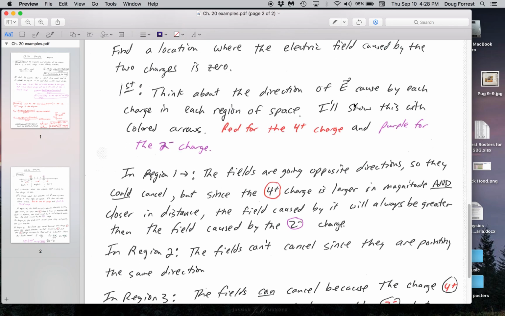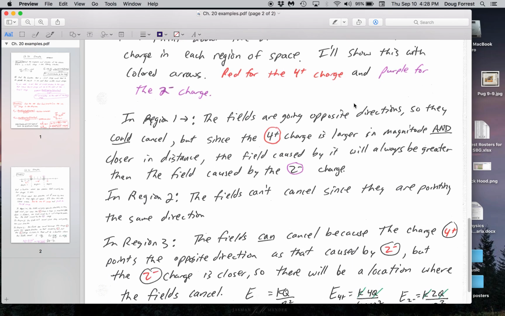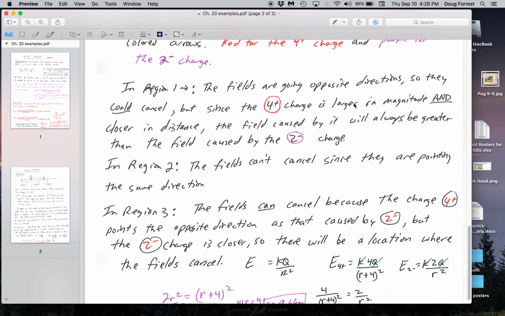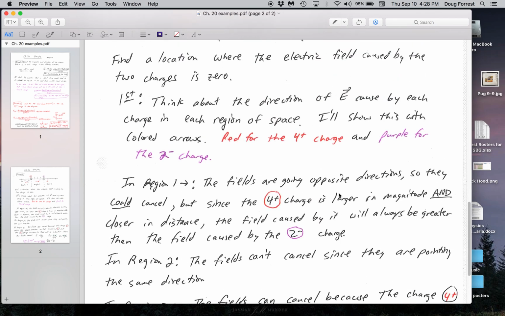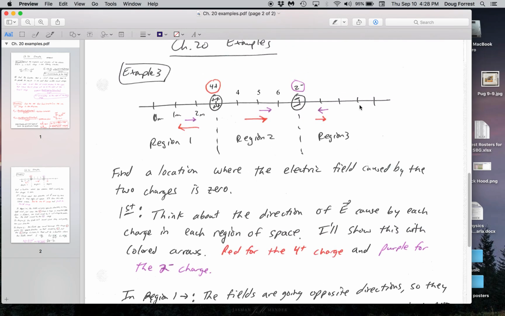So I go through this logic. And now I'm going to do some math. So essentially what I'm doing is choosing a spot, and from wherever I'm picking to this charge I'm going to call a radius r. And since this is 4 meters further away, I'm going to call this r + 4.